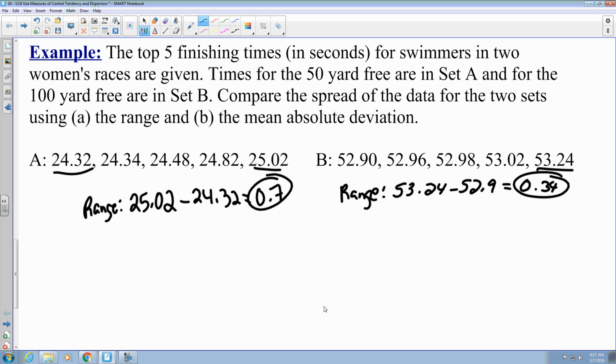So now, in order to find the mean of absolute deviation for set A, we have to find the mean first.